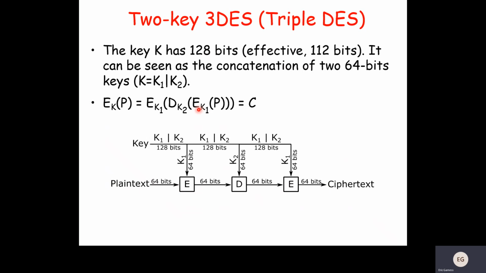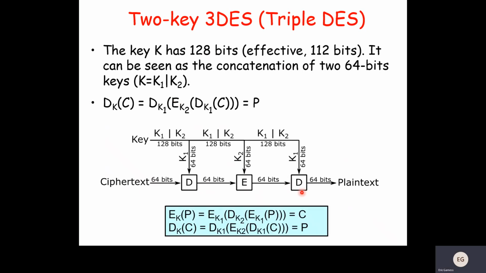Here, look at what we do. We do first encryption, then decryption, then encryption. So if you look at the decryption algorithm, we do first decryption with K1, then encryption with K2, and then decryption with K1.